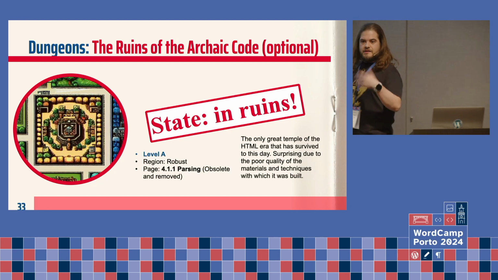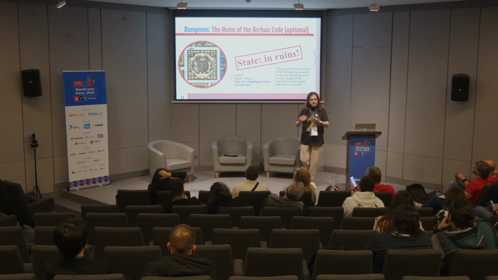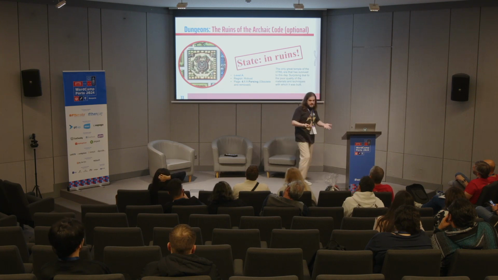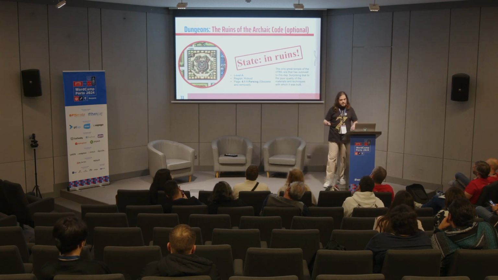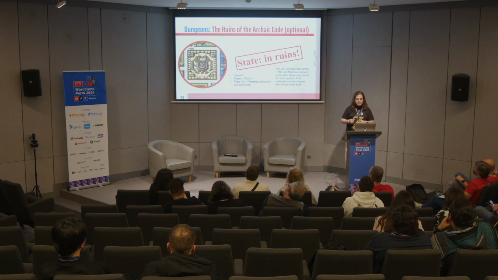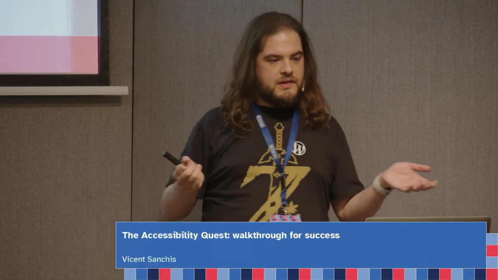The version of the game that I am playing is 2.2. In this update, this page has become obsolete. These ruins are the only great temple that survived the HTML era. And we can't understand that because this building suffers of a severe case of diabetes.